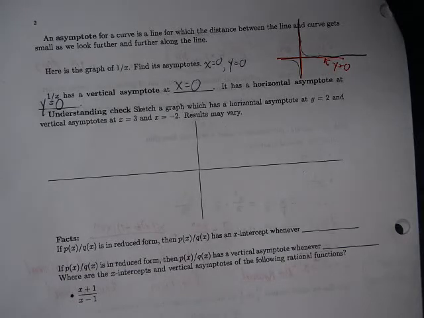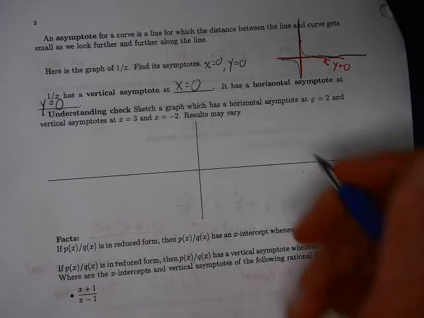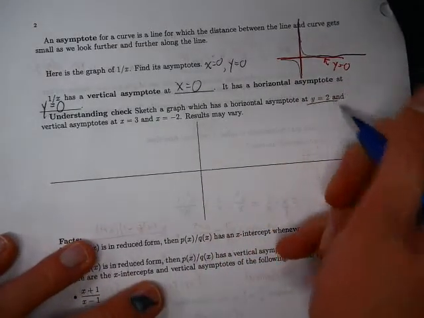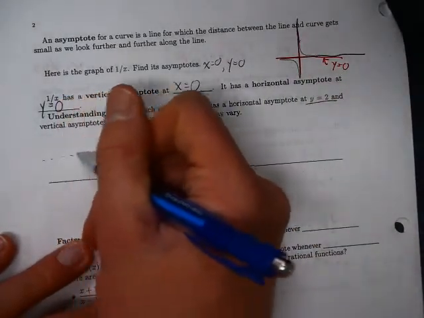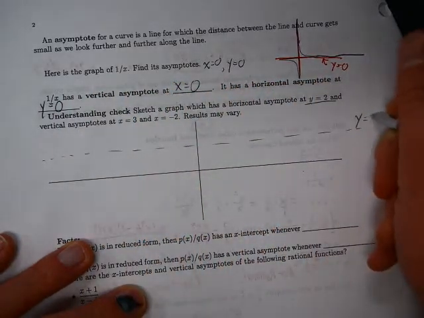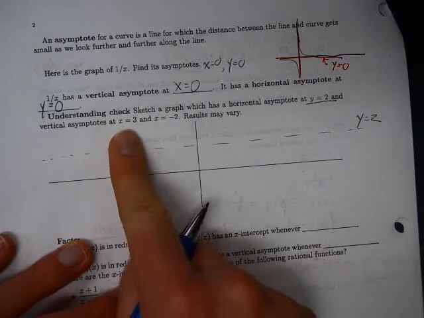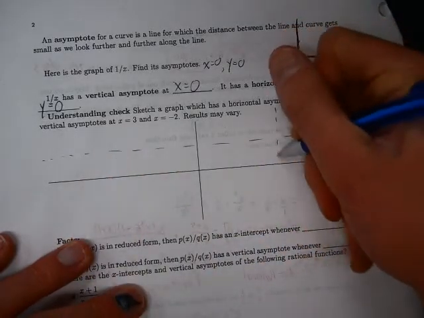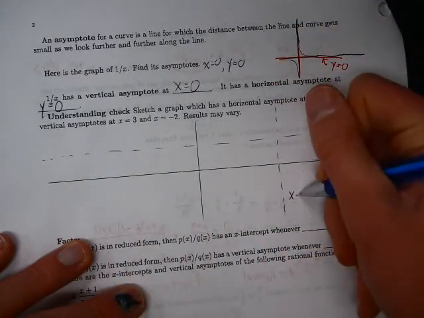Cool. So just for the sake of emphasizing, there's a particular thing that I'll want to have happen in the example I'll draw. But take a moment. Sketch a graph that has a horizontal asymptote at y equals 2. So I guess that means it has to get close to this line. And a vertical asymptote at x equals 3, not drawn to any sort of scale.